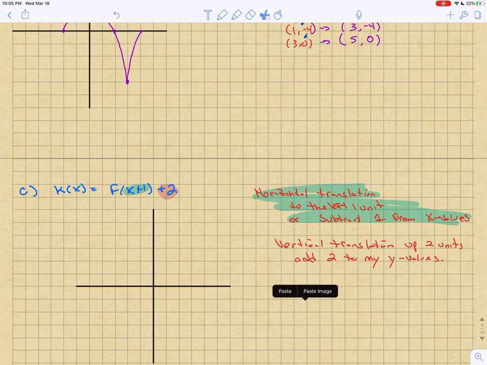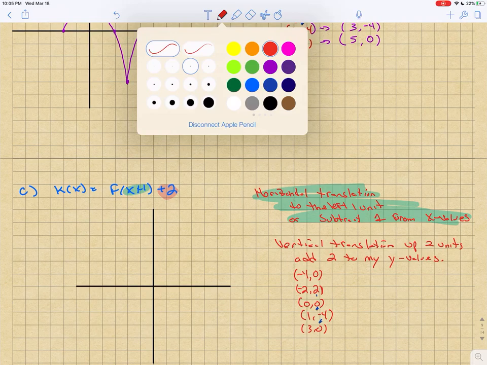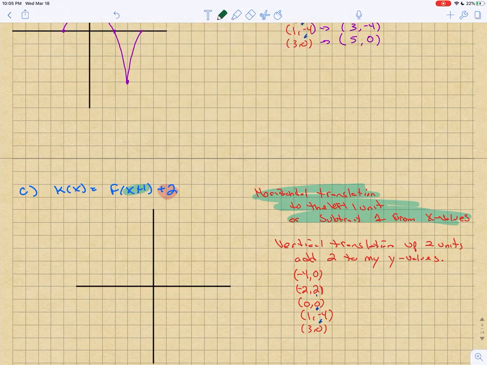So again, I have the same ordered pairs I had before, and they're going to get translated. It says horizontal translation.